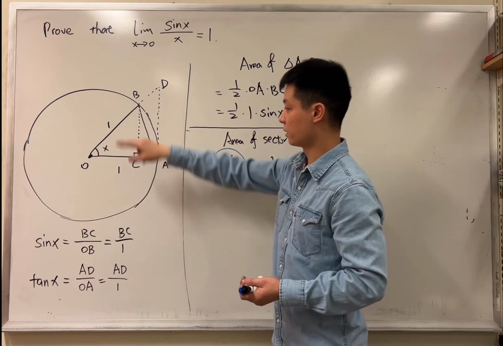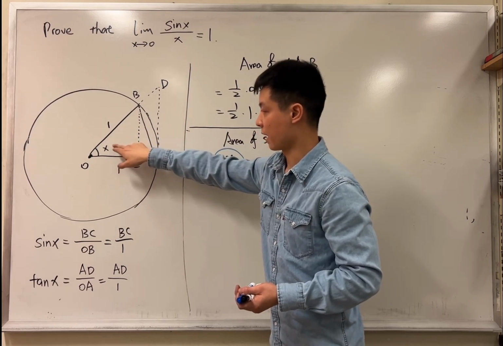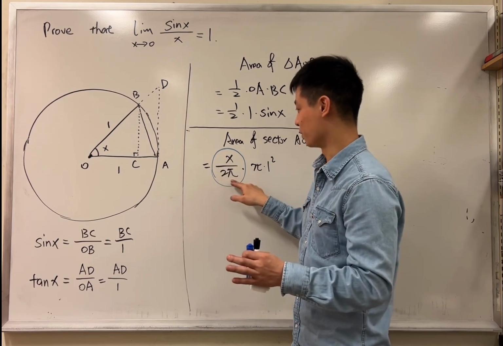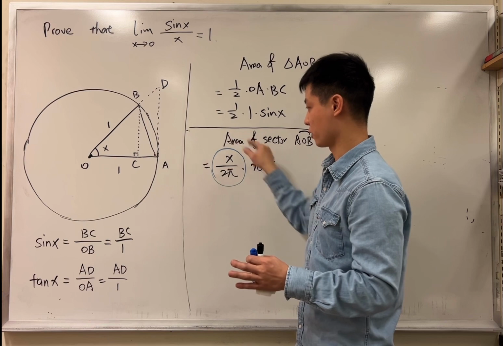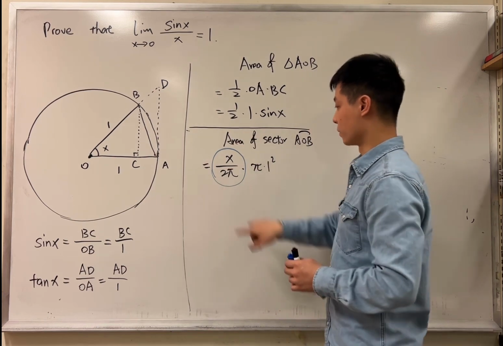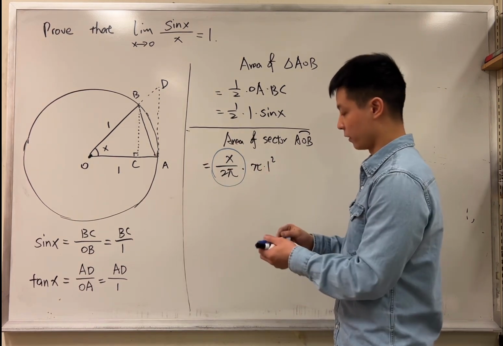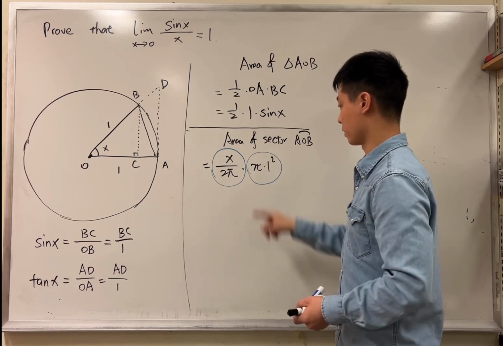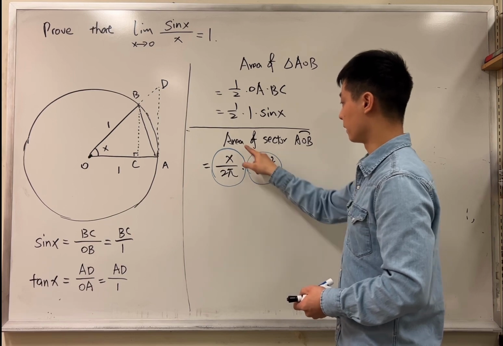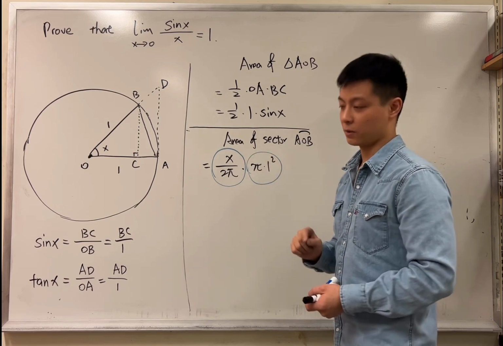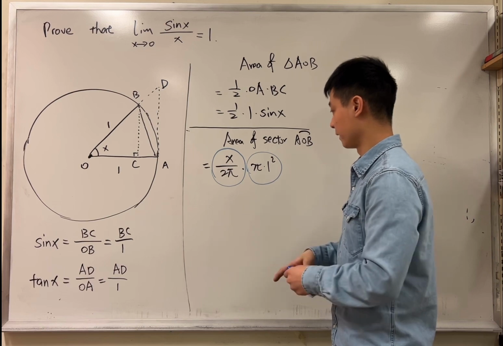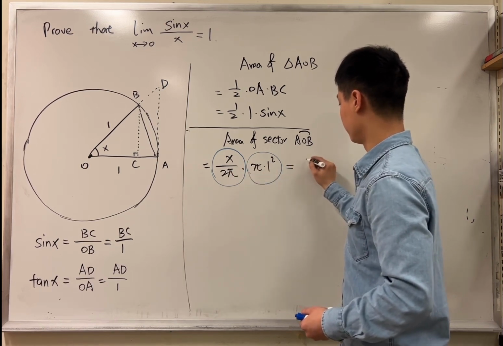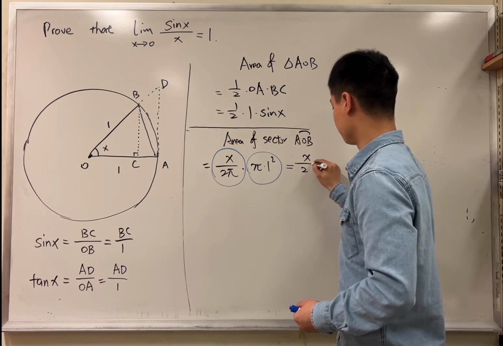It only takes that much, which is x, out of the entire circle's 2 pi. So that's the fraction of the circle. And we use this fraction to multiply with the area of the entire circle, which is pi r squared, to obtain the area of this sector. And we can simplify this expression by canceling the pi, so we will have x divided by 2.